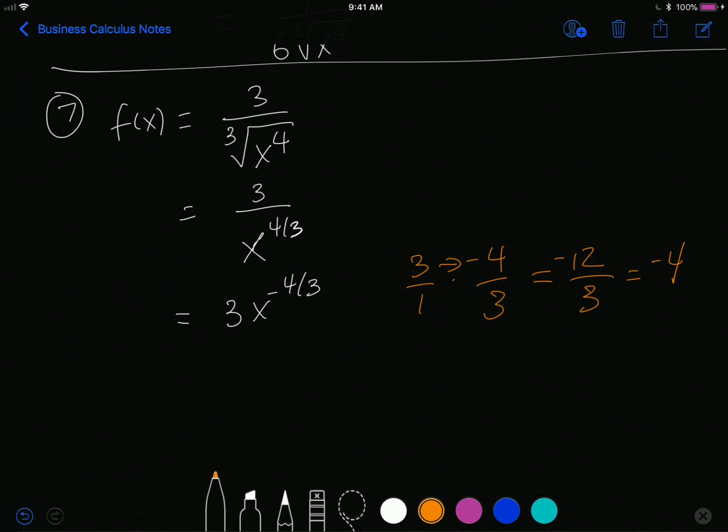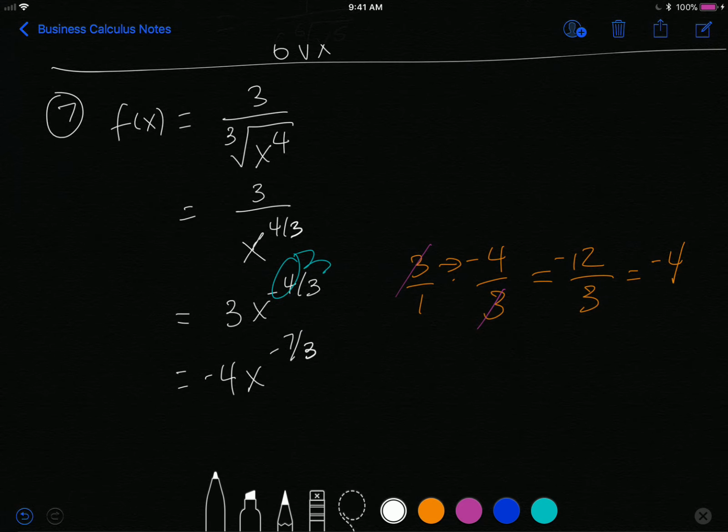Of course, you could have divided first, slash and slash here, and you would get the same answer, negative 4. And so that's negative 4x, and again, what is negative 4 minus 3? Negative 4 minus 3 is negative 7. And so my new power will be negative 7 over 3.